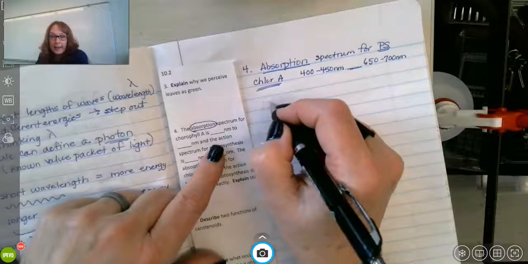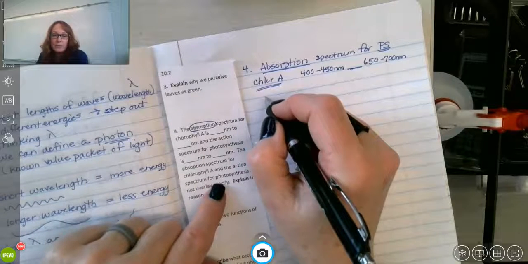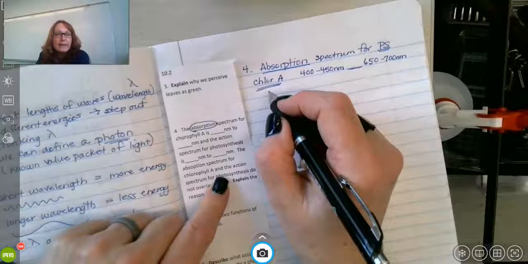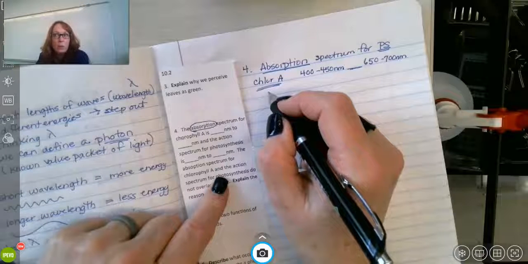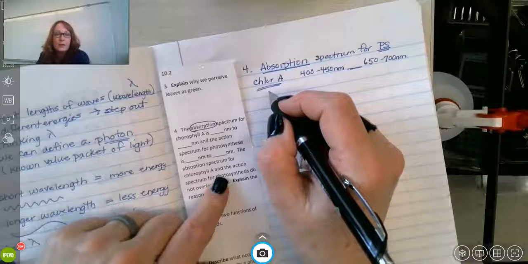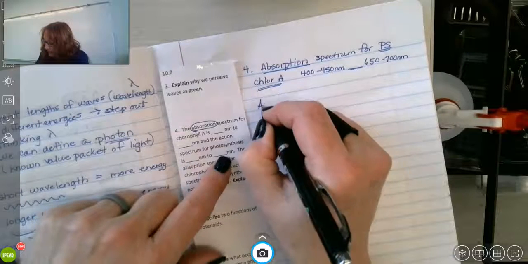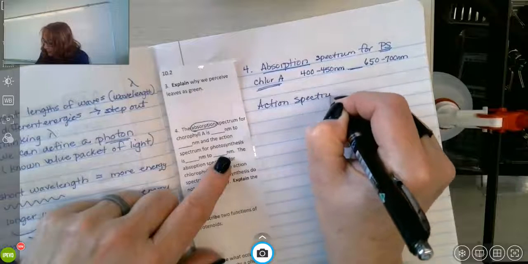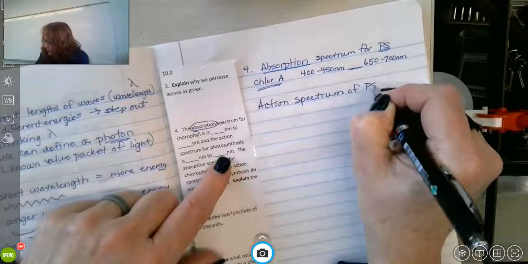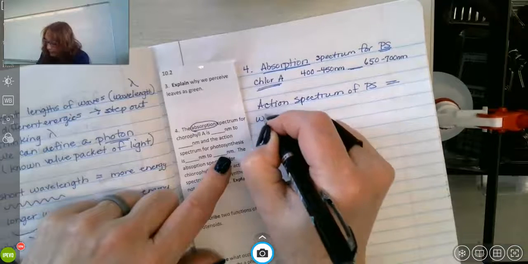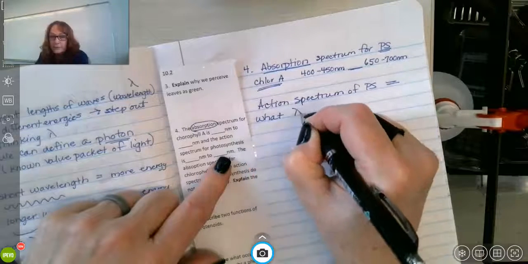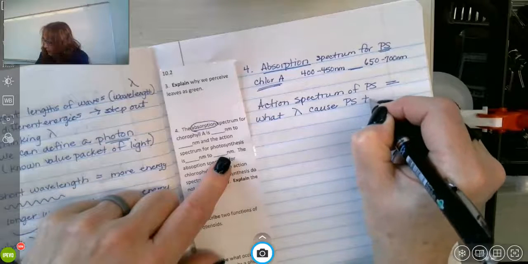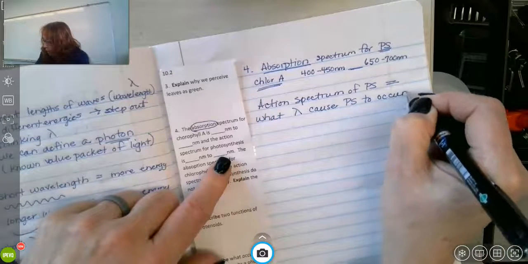When you look at action spectrum, it means where does photosynthesis occur? Like the action of photosynthesis, what wavelengths cause photosynthesis. So let's write that. So the action spectrum of photosynthesis, what they're saying is what wavelengths cause photosynthesis to happen, to occur.